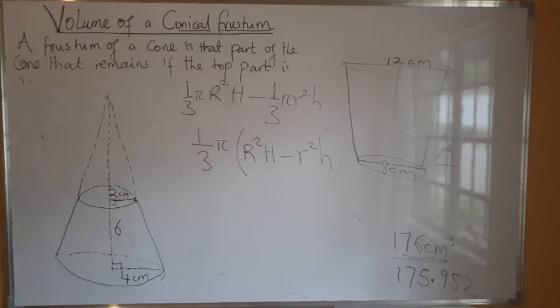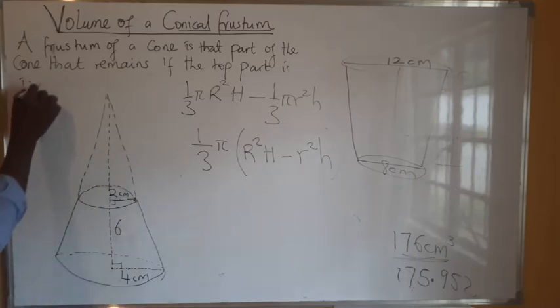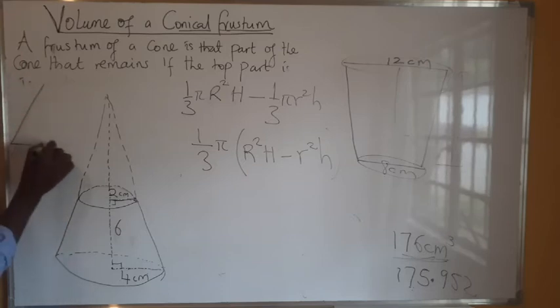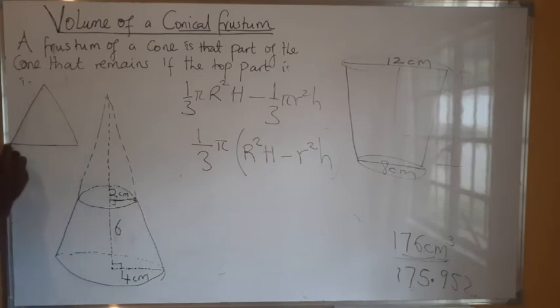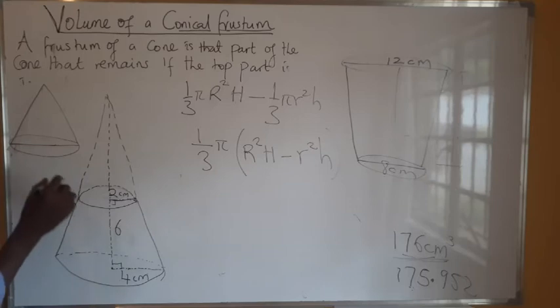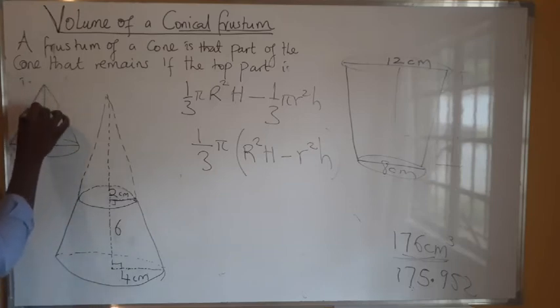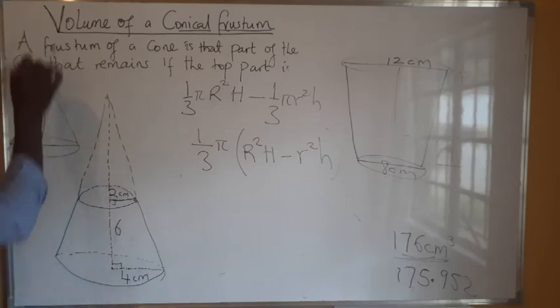Okay? So, now, you know that for the bigger cone here, we do not know. If you remember when we were looking at the volume of a cone, I told you that what we need to find the volume of a cone is the perpendicular height.